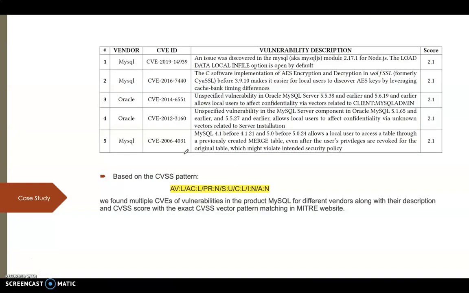This is a kind of case study from the Mitre website. This table shows all the CVEs that belong to this pattern that was generated by GA and PSO, which has score 2.1, and we found out all these CVE IDs belong to this CVSS pattern.